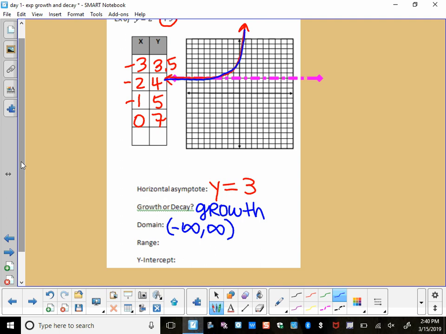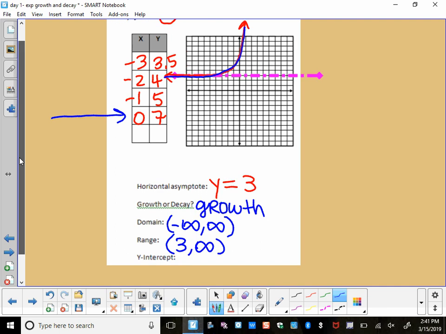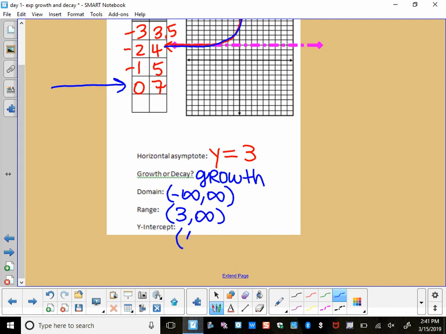If I start from down to up, my graph is starting at not negative 3, positive 3, up until infinity. My y-intercept? Nope. 7. Your y-intercept, where's your x? 0. Also 0, 7. Or you can write y equals 7.